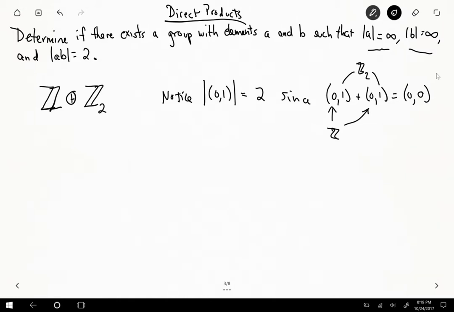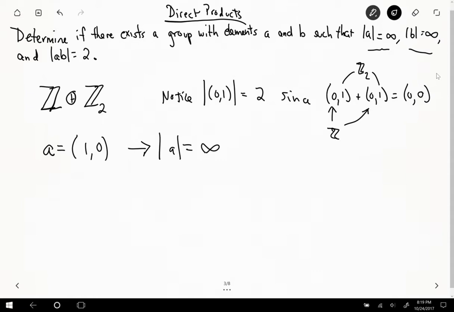Now we want to figure out how we can combine two elements that have infinite order, but get back to this. Well, we'll let A equal, well, the nice part about the integers, if you take any element, let's say (1, 0), notice as soon as I start adding multiples of it, any k times 1, I'll never get back to 0 unless k is 0. So that means the order of this element has to be infinite.